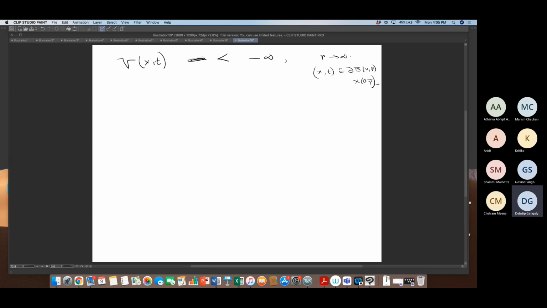So what can I say? This implies V(x,t) I can always make less than the supremum of G. Yes or no? Can I write this? Why?